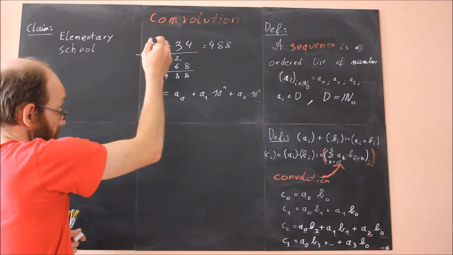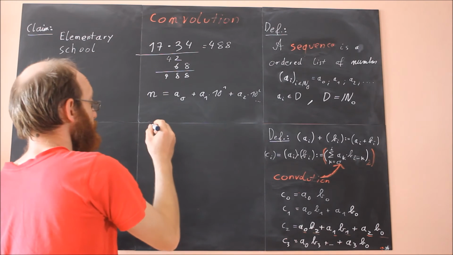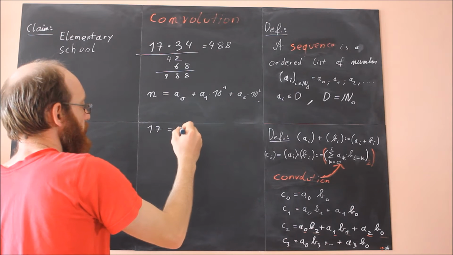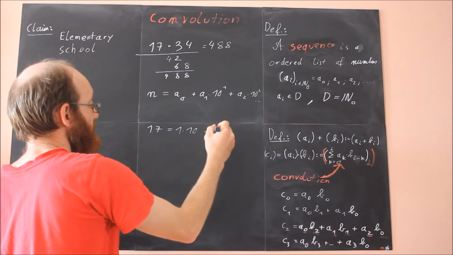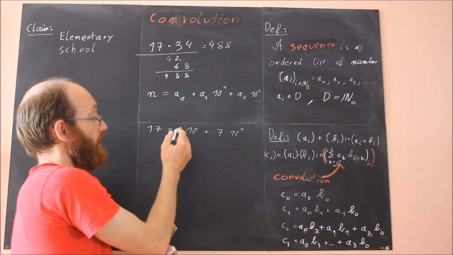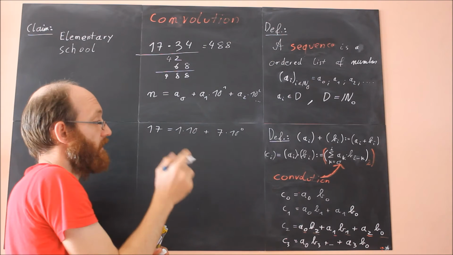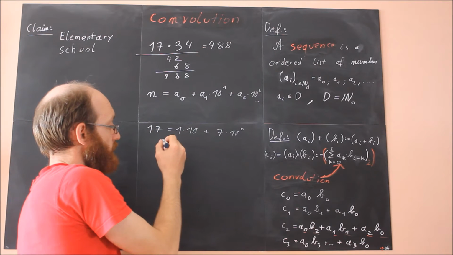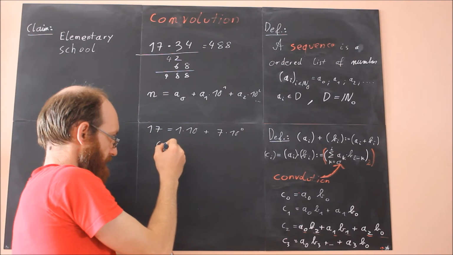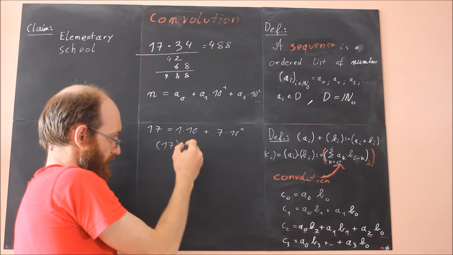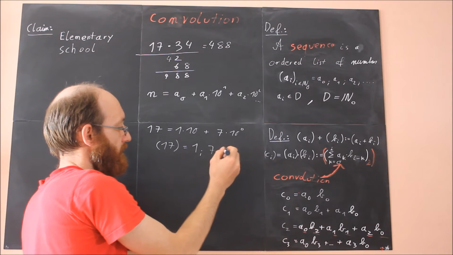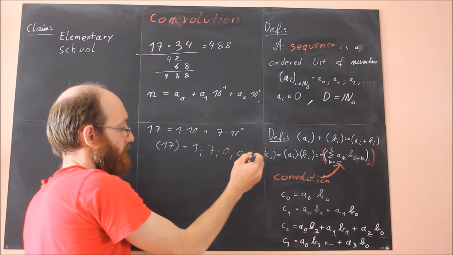So in this particular case we can write the 17 as 1 times 10 plus 7 times 10 to the 0, which is 1. And we have no 10 to the 2, 10 to the 3 and so on. So our sequence for the 17 would be 1, 7, 0, 0 and so on.